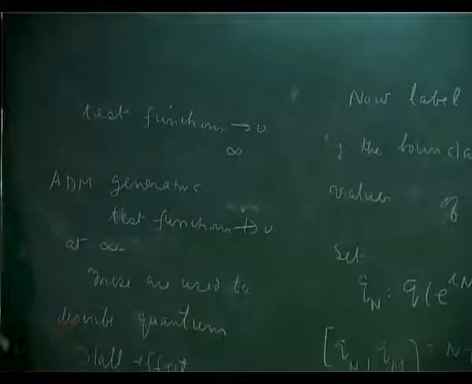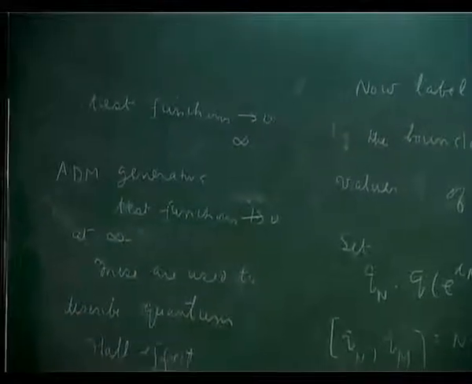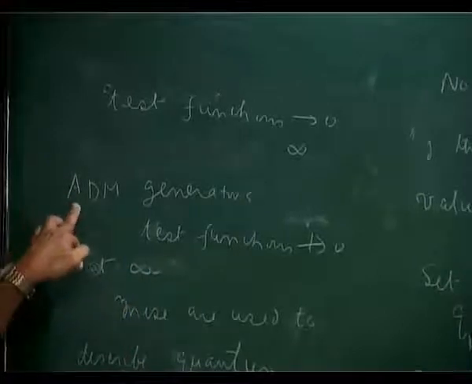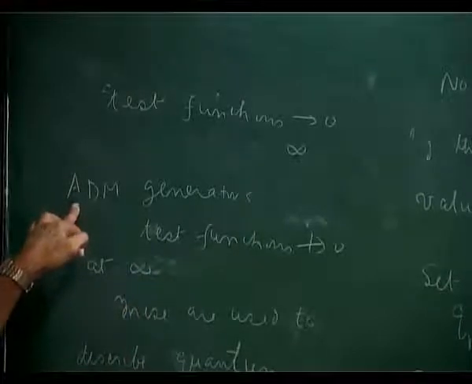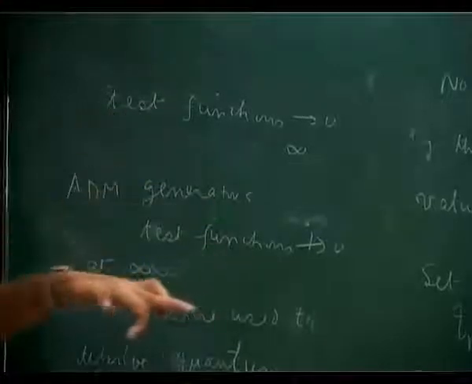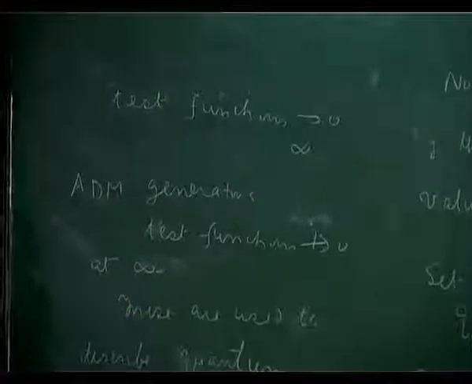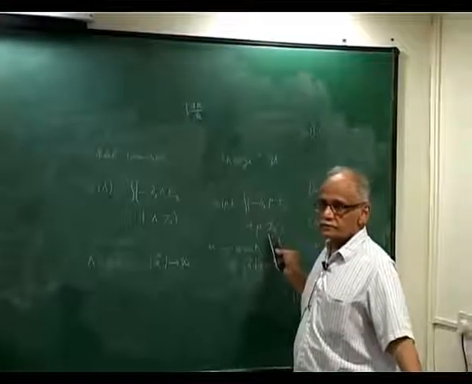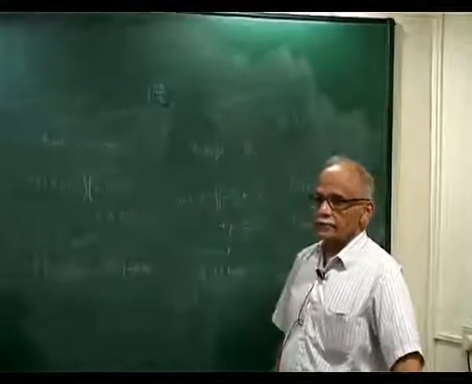So depending on the test function you choose, you can generate the full Poincare group, rotations, everything you can generate, and these are the ones which people talk about when they talk about the mass of the black hole, using the ADM formula. It is not a diffeomorphism constraint, but this is sitting at infinity, just like the charge is a superselection operator. Charge is not a part of the local observables, just like those things are not part of the local observables.